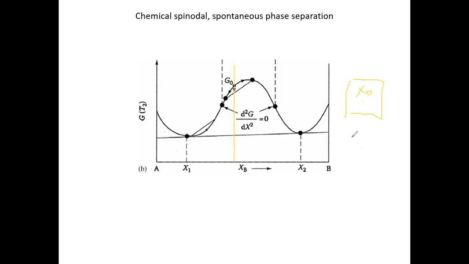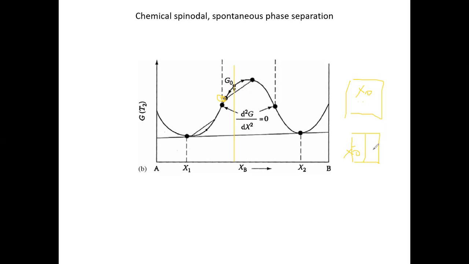But suppose now in this very local region, I have a small fluctuation in terms of the composition. In this region, I have a little bit less solute. I'm losing some solute, and I decrease the composition to a value I call X naught minus, which is just a little bit to the left of the original composition.